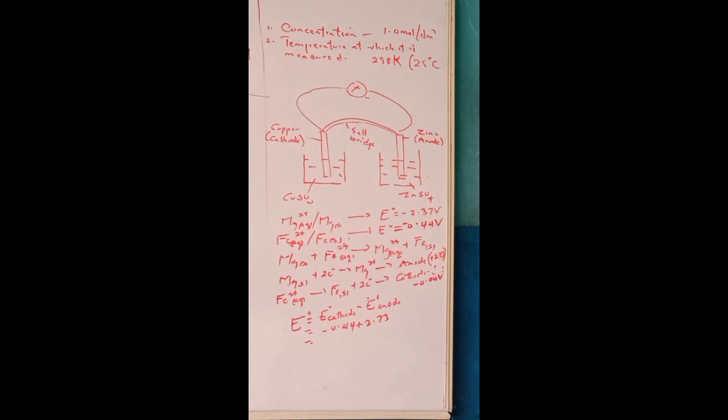Minus 0.44 plus 2.73. 13 minus 4 is 9. 6 minus 2... Is it 2.29?